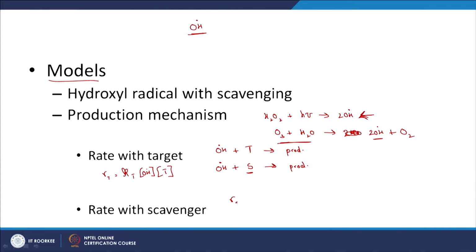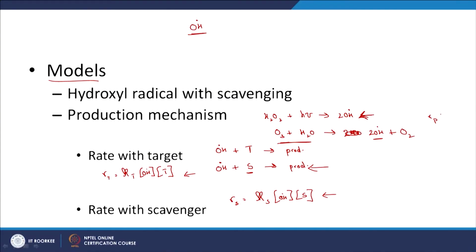And again, the rate with the scavenger will be the rate constant for this reaction times the OH radical concentration times the concentration of the scavenger. I am just using the generic term scavenger to approximate multiple compounds that can lead to scavenging of my hydroxyl radical.